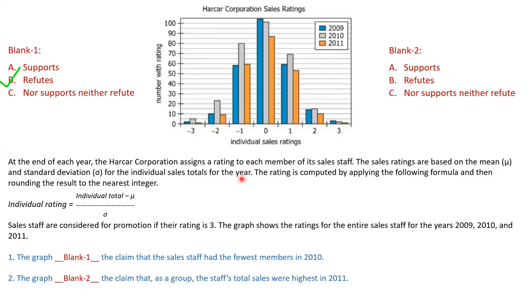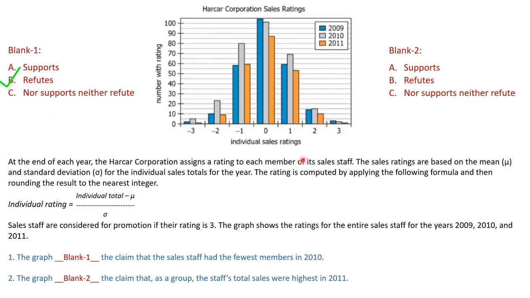We cannot absolutely, and that's the point. There is no way for us to calculate the mean and the standard deviation for any year. And these are not absolutes. The orange bar is taking into consideration the mean and standard deviation only for the year 2011.